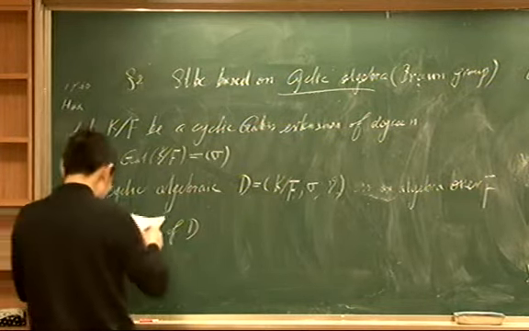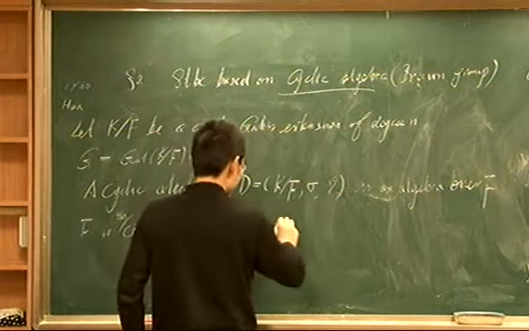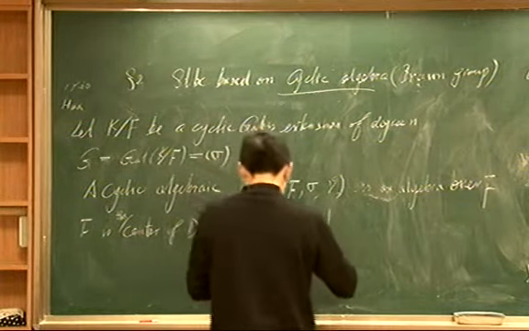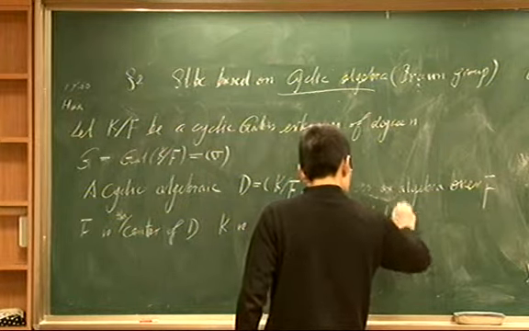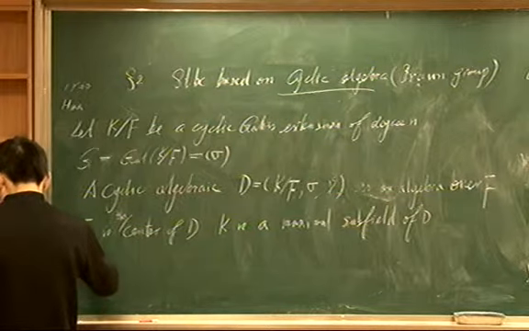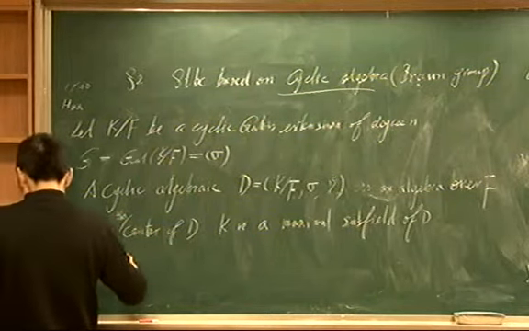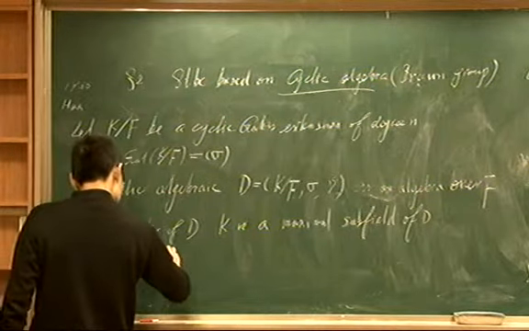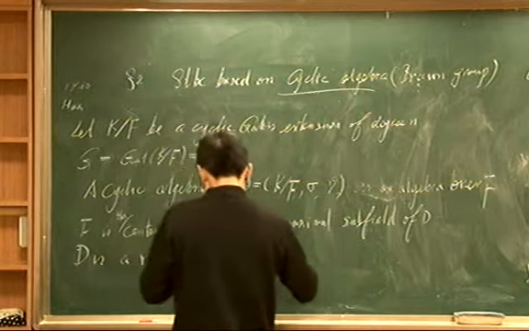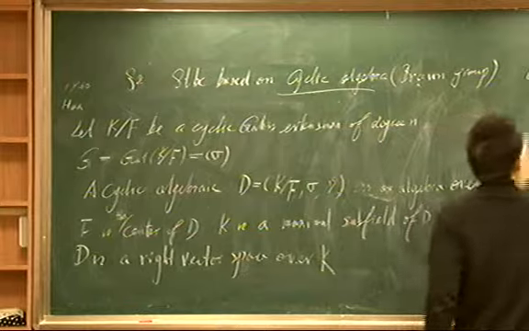F is the center of the algebra D, and K is a maximal subfield of D. Then D is a right vector space over K. Okay, this is the algebra. Okay, conjugate.